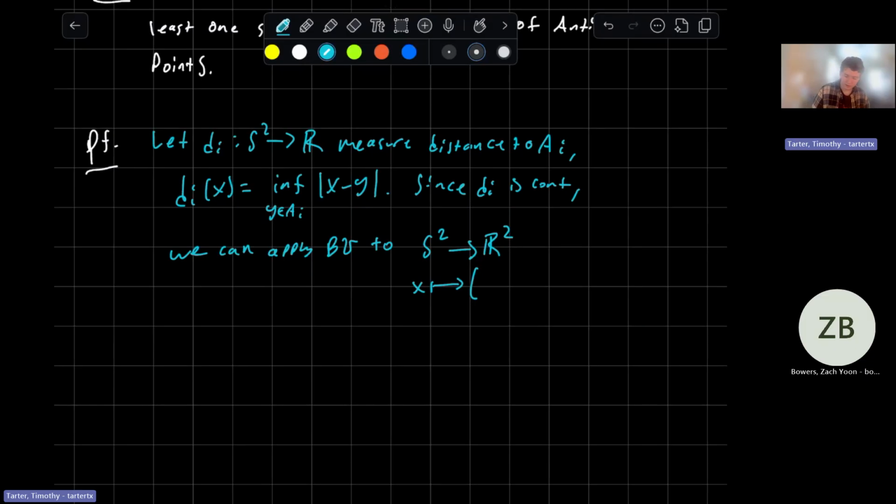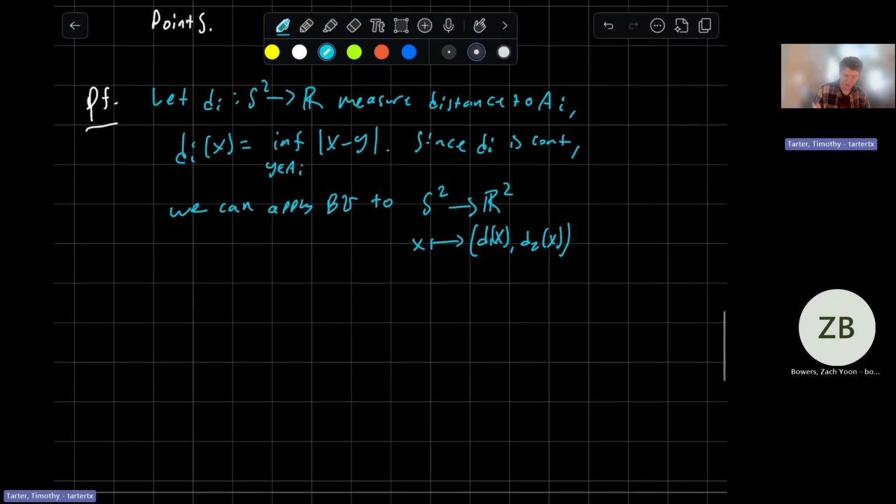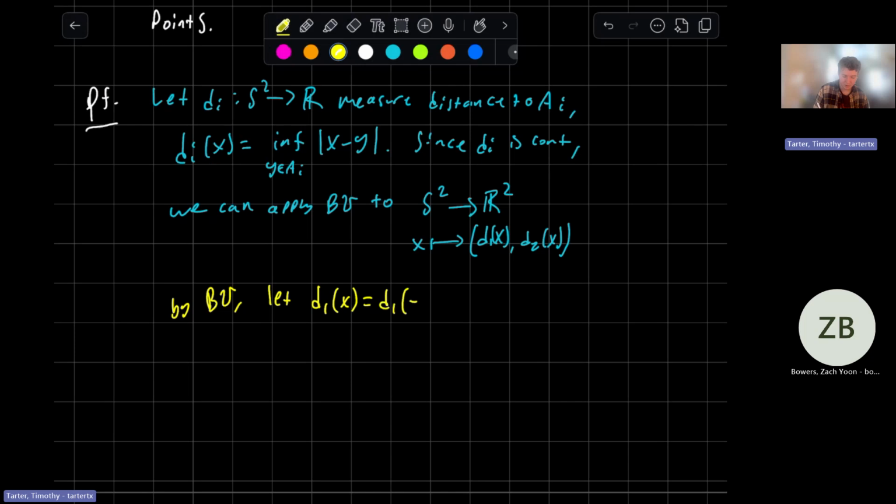So we're sending x to d1 of x and d2 of x, and then using Borsuk-Ulam, let d1 of x equal d1 of minus x, and d2 of x equal d2 of minus x.